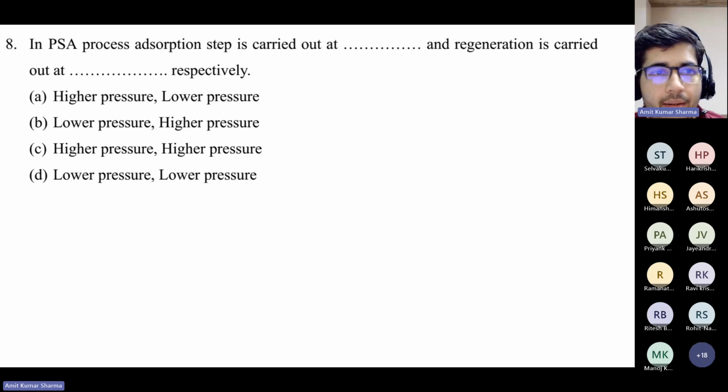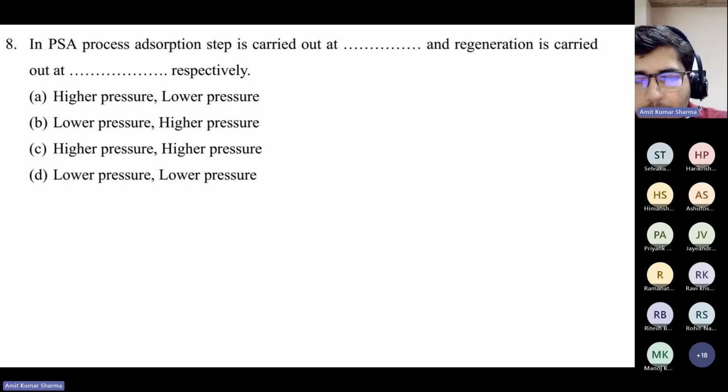In the first step, we use high pressure. At that pressure, only hydrogen passes through the tower, and all the other gases are adsorbed on the molecular sieve inside the PSA. The hydrogen passes and leaves from the top, and in regeneration you release the pressure.